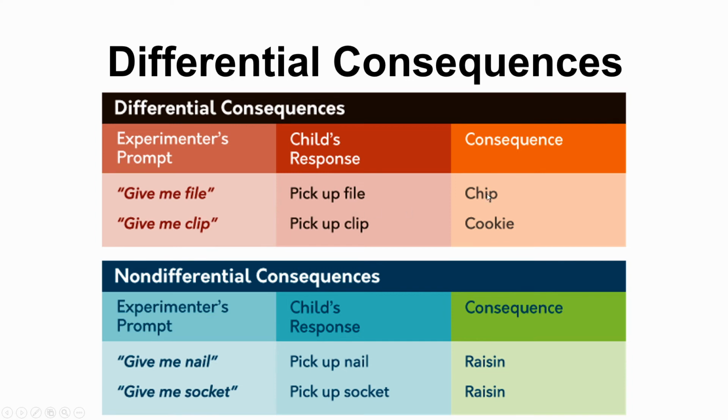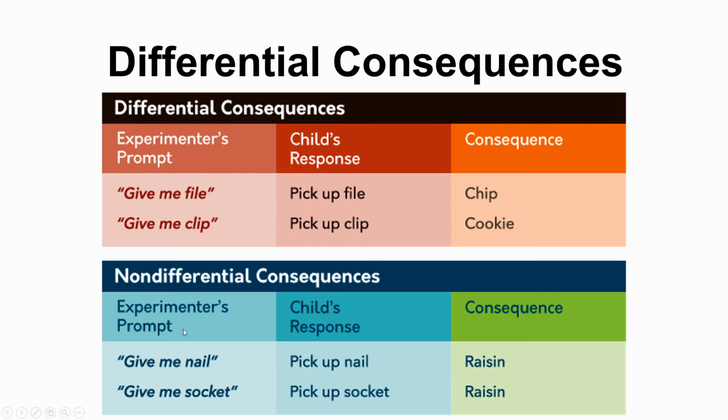Now, this doesn't seem to mean a whole heck of a lot to us. You do a task and you get some kind of reward for completing that task. But it's actually interesting because the fact that each of these sort of chains of events leads to a different consequence, we actually see differences in rate of learning. So when there is a distinct consequence for each behavior chain, then we can end up with faster learning.